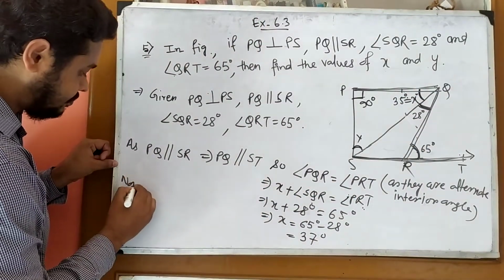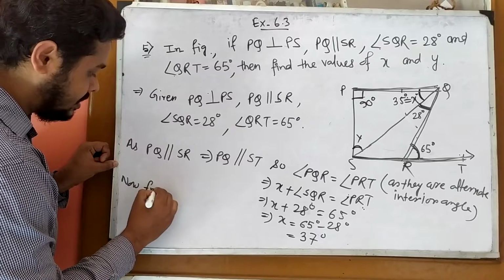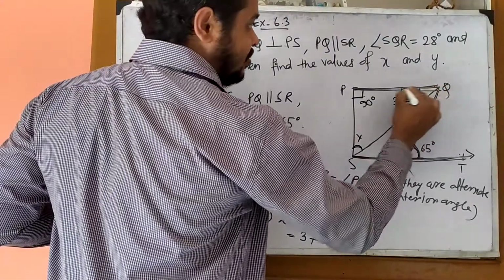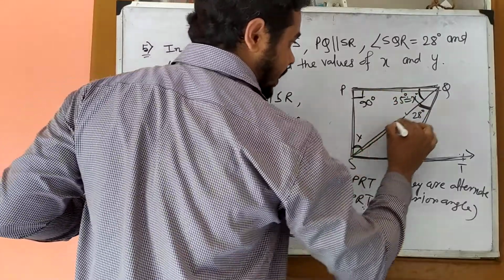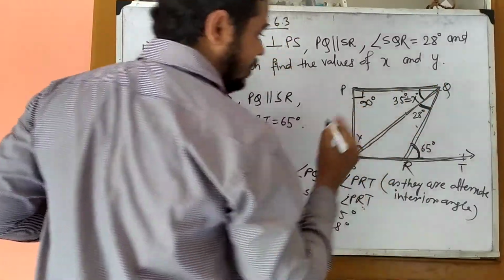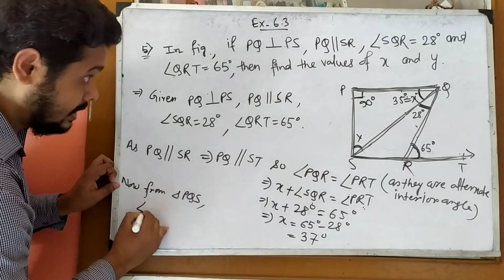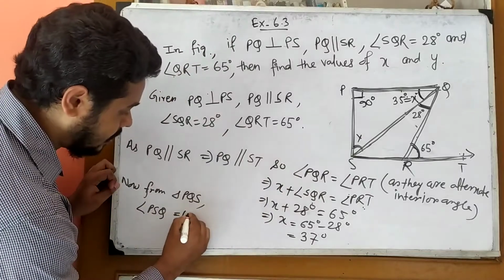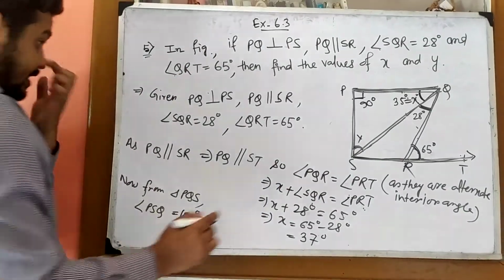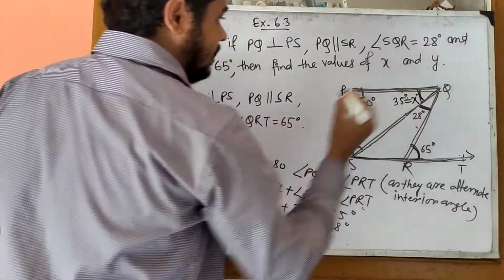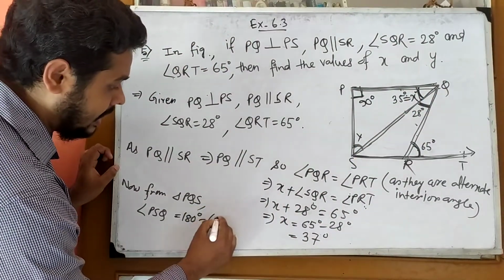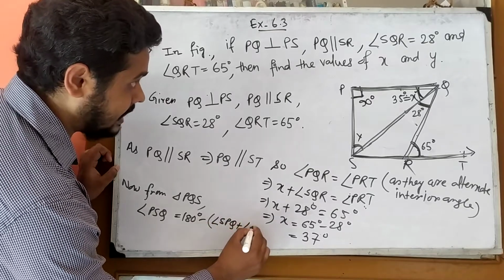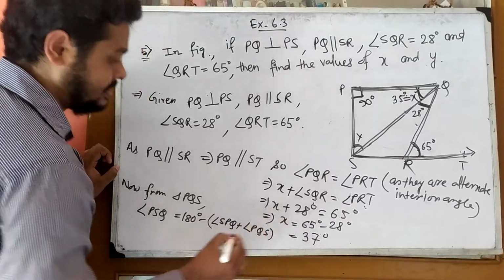Now from triangle PQS, angle PSQ, that means this portion, should equal 180 minus the sum of these two angles. The sum of these two angles means angle SPQ plus angle PQS.